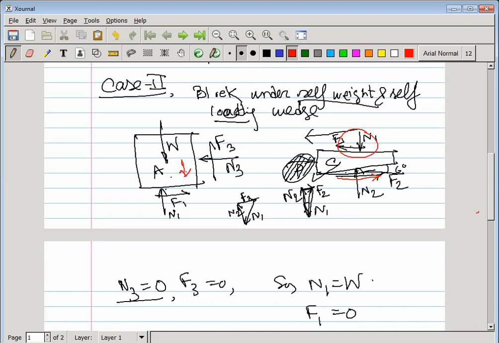Just like the previous case, here also we have to keep all the frictional forces in the same condition. If that condition is maintained, then for the contacting body, block C, the friction should be in the opposite direction. Okay, so this is actually the concept.